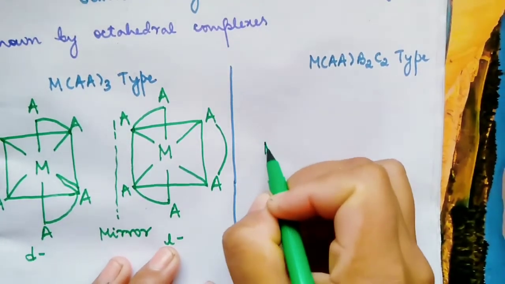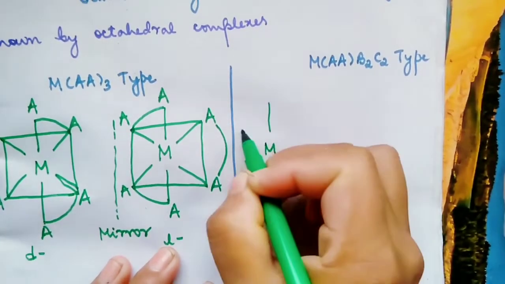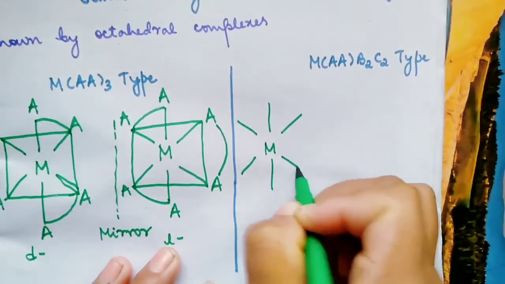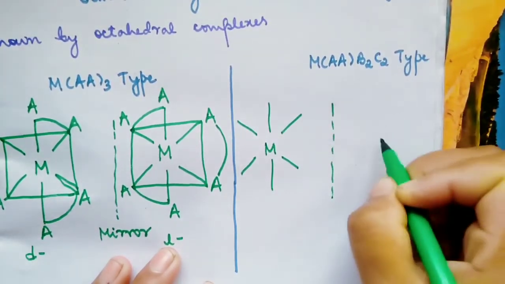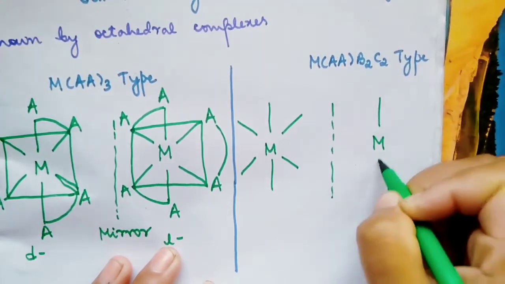We have the central metal atom. We have 6 coordinate bonds. This is the mirror. We have the mirror image.